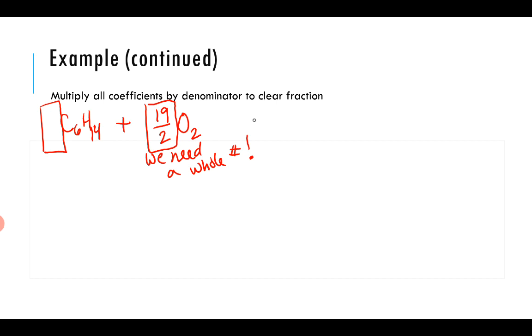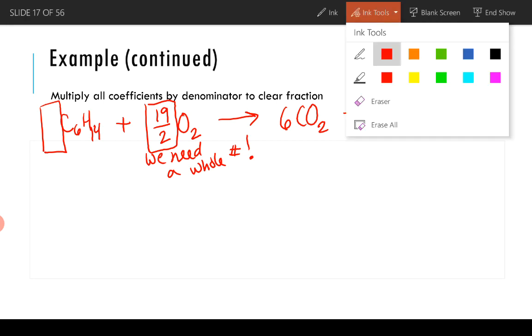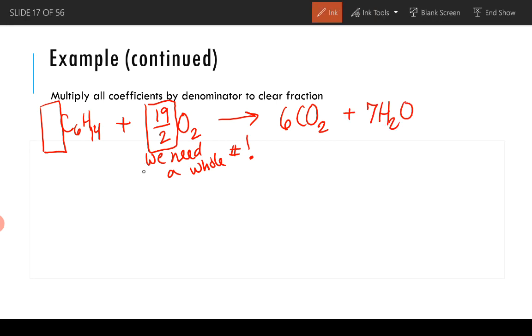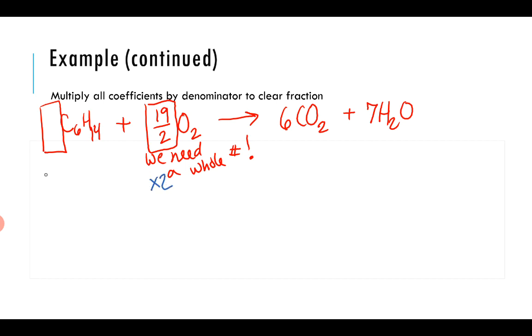So I'm trying to rewrite my equation now that I'm on another page. If I multiply that one by 2, then I have to multiply all of them by 2.